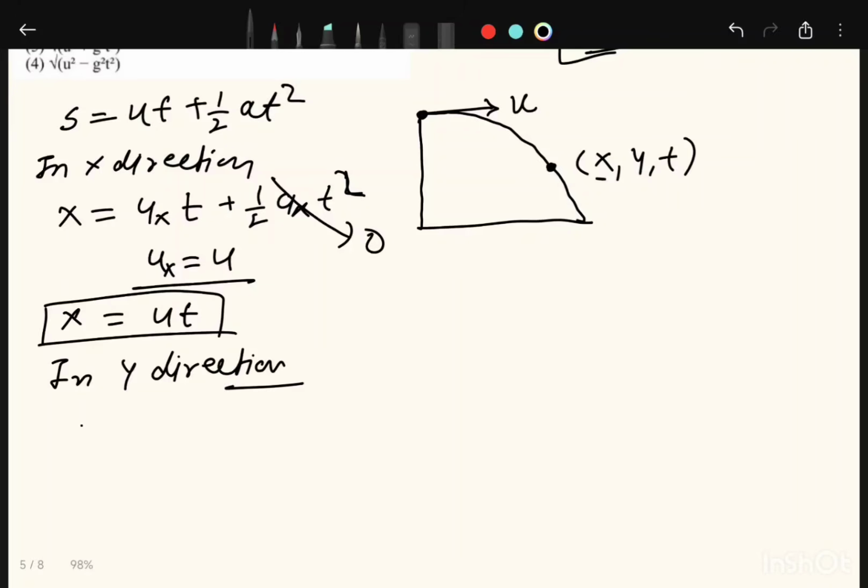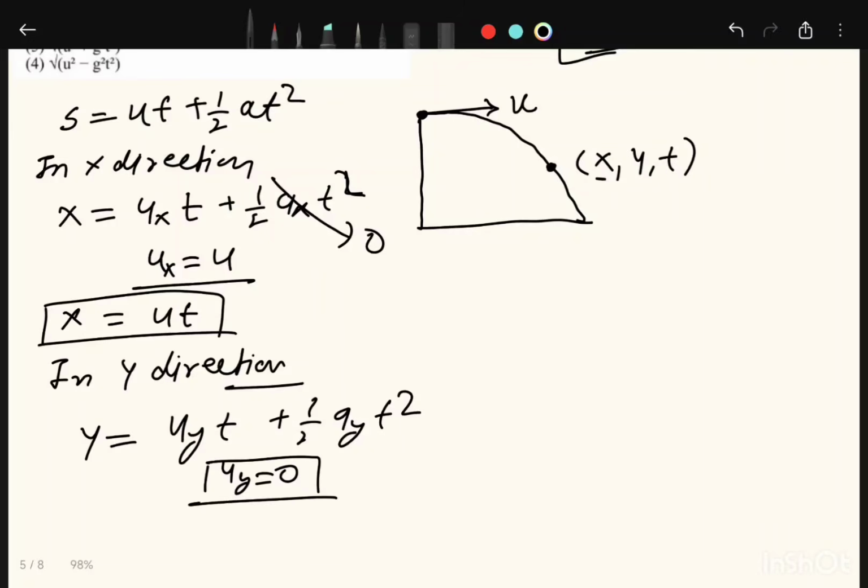In the y direction, this time your displacement will become y, initial velocity uy, times t plus 1 by 2 ay t square, right? Uy is 0 because there is no initial velocity in the vertical direction.